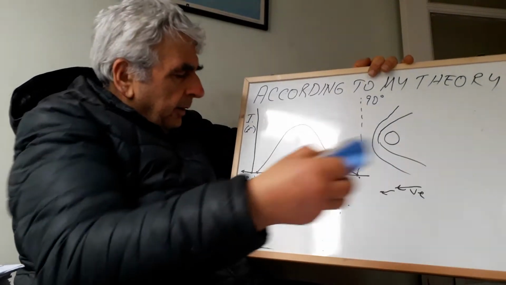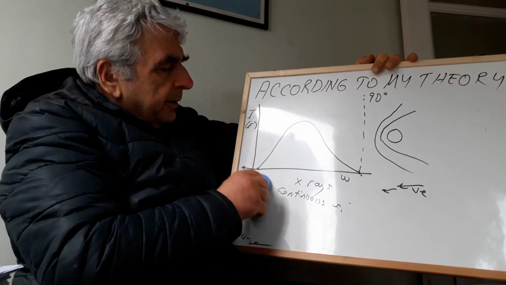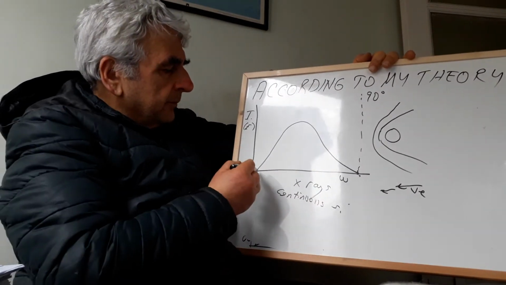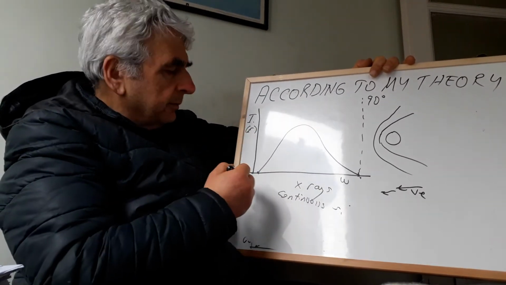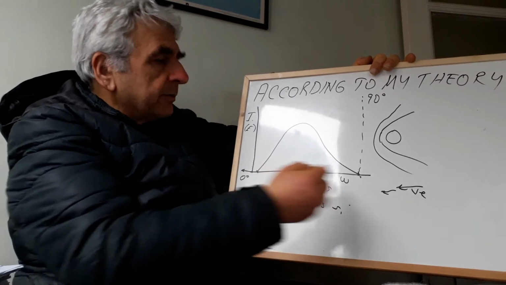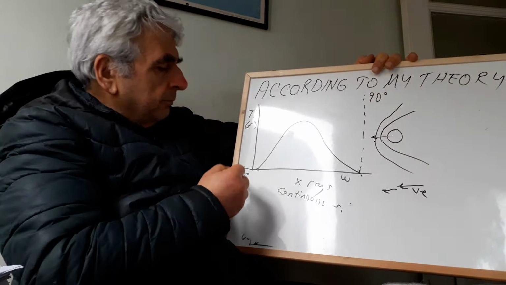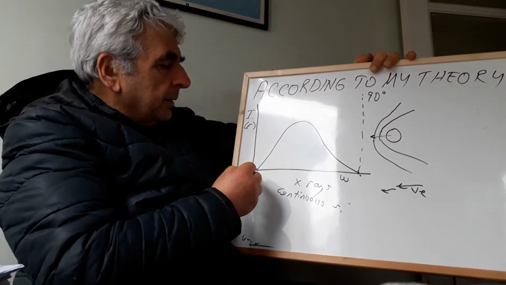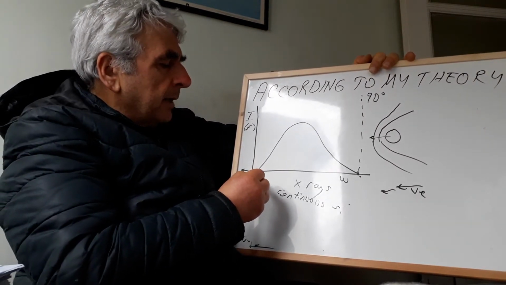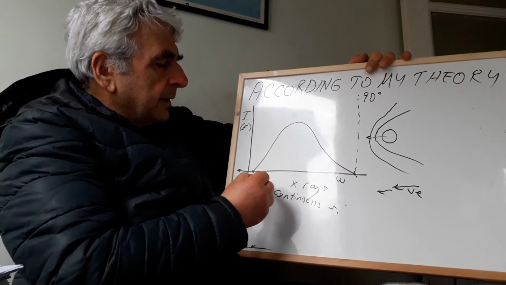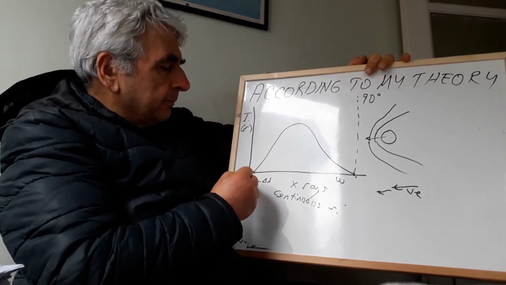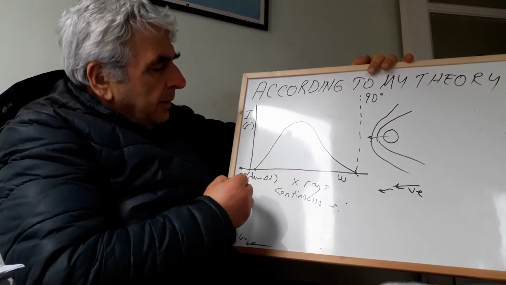But according to my theory, this last point represents 0 degree of the relocating electron motion form, and lambda n minus delta lambda. Why?